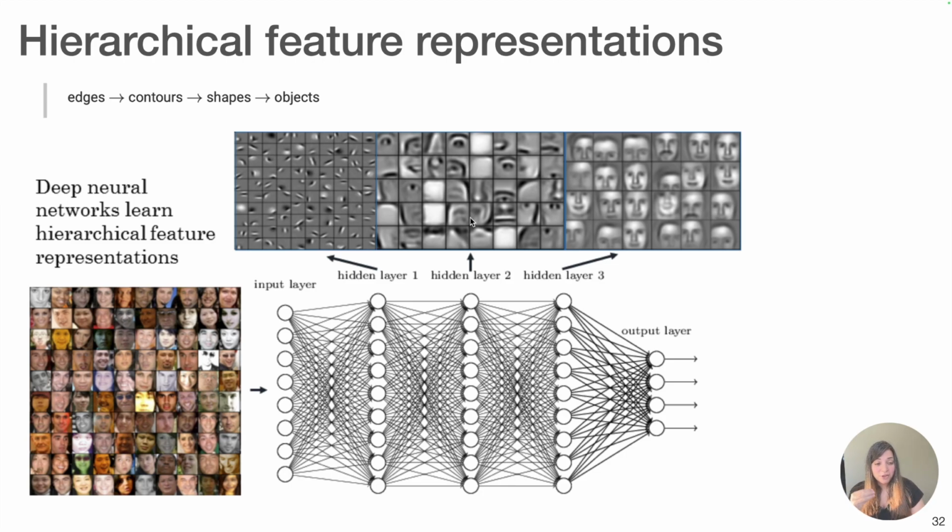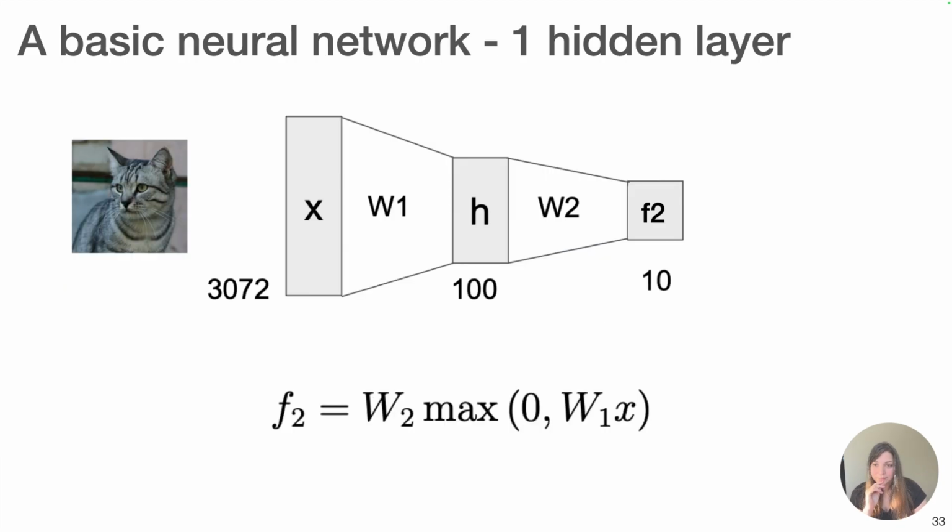So there's a compositionality to it that, because it's built as layers on top of each other, it allows us to then learn these hierarchical features that would be useful throughout the depth of the network. You can imagine that having these different edges at the beginning are very useful for many different contours and shapes, right? And the same, having these contours and shapes are very useful for actually identifying objects. So this is actually a very, very cool feature of deep learning.